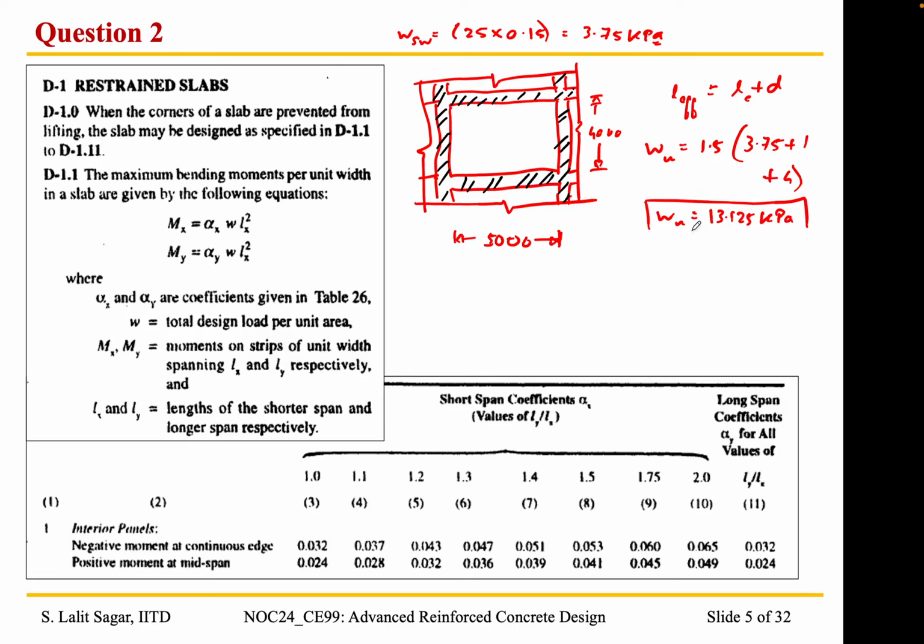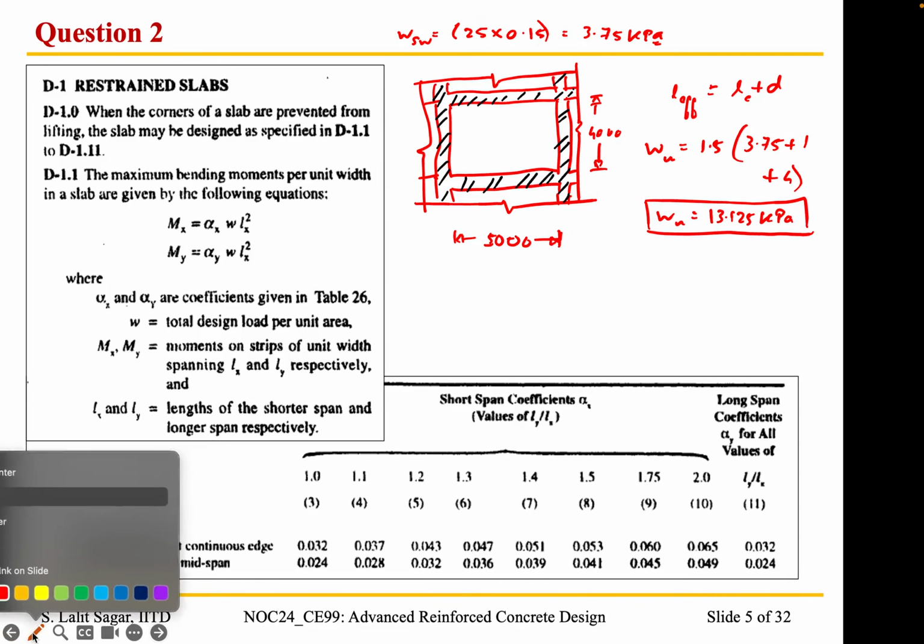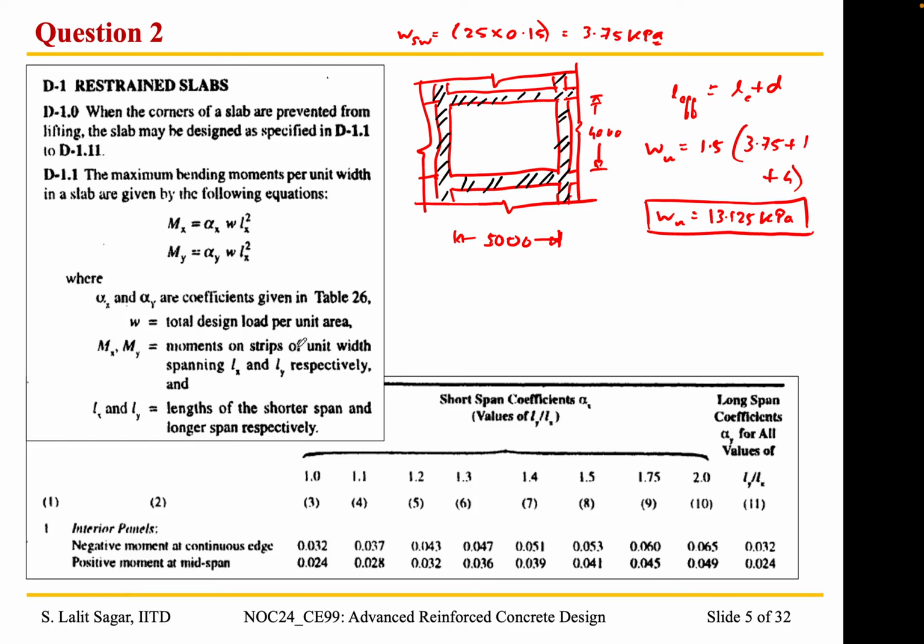Further, as the participant rightly mentioned, once we have this value, we need to find out the effective span. Even in a two-way slab, the shorter span becomes the main direction of bending.